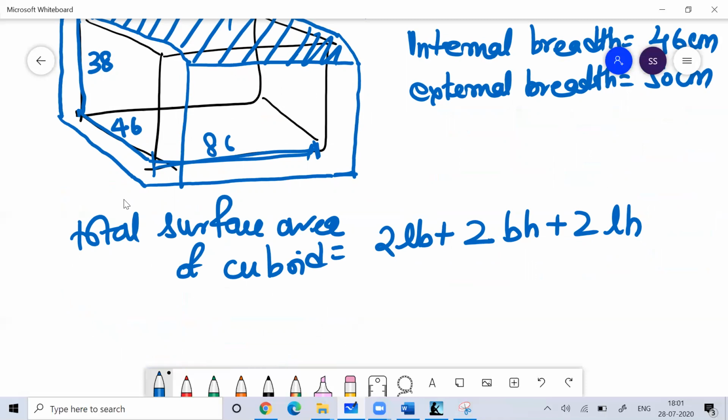One face is one rectangle, but because this is an empty box, at the top it's empty, so there's no area which is occupied.